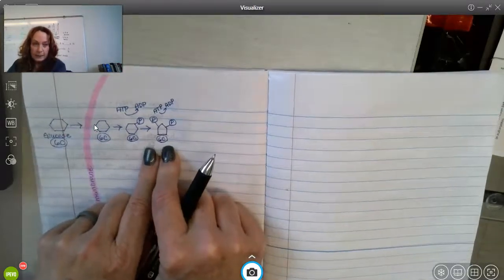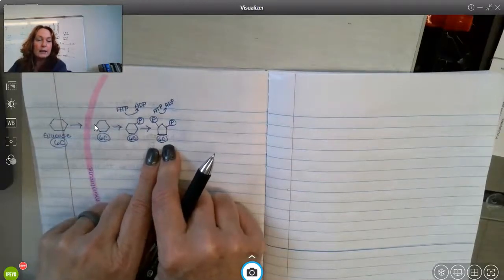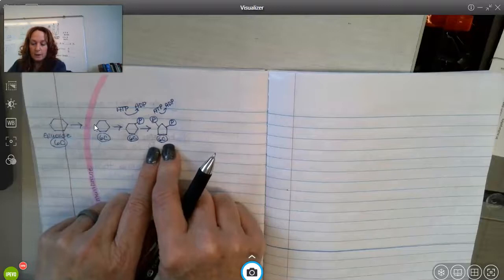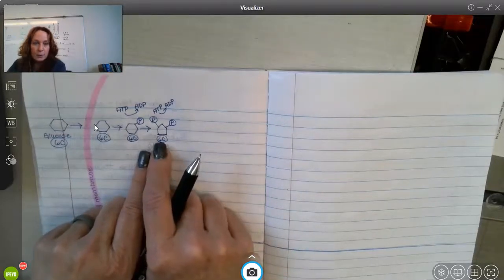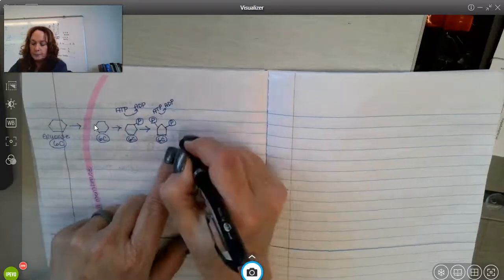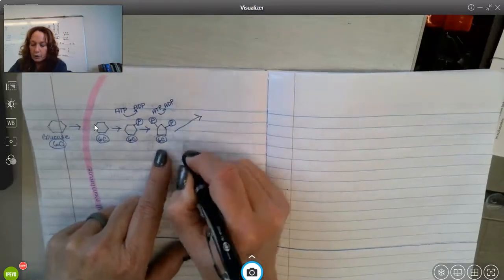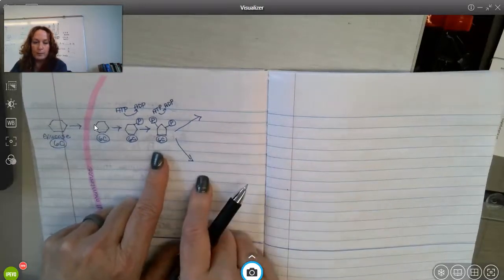It's ready to be broken. It's energetically unstable enough that it can now be broken, and we're going to break it in half. So we're going to create 2 3-carbon molecules. So I'm just going to show that now we're going to have 2 3-carbon molecules.